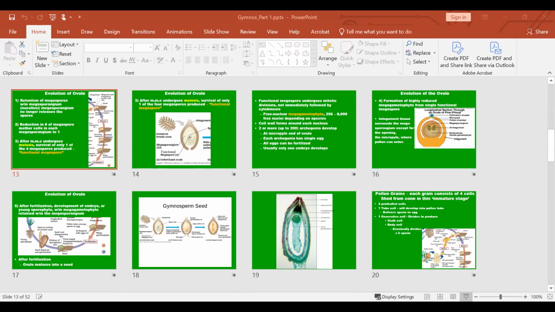And then that functional megaspore, it's got to grow into the megagametophyte. It's got to develop. So it just goes through lots of mitosis. We got that weird free nuclear stage where it looks like a hot mess, but eventually it'll show tissue-like organization, looks like a megagametophyte. Eventually you'll see the archegonia with the egg in each one.